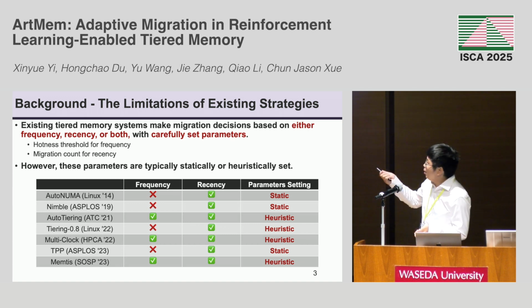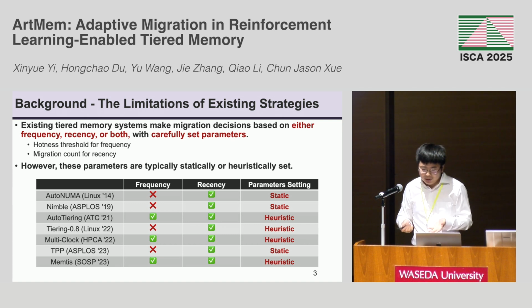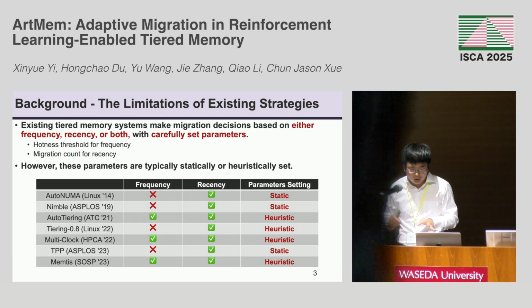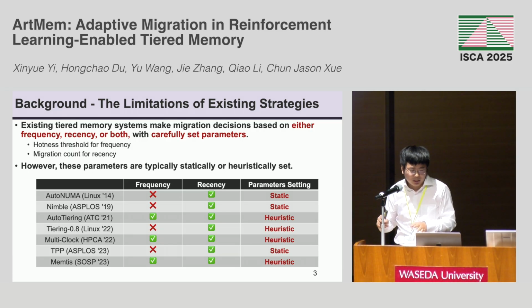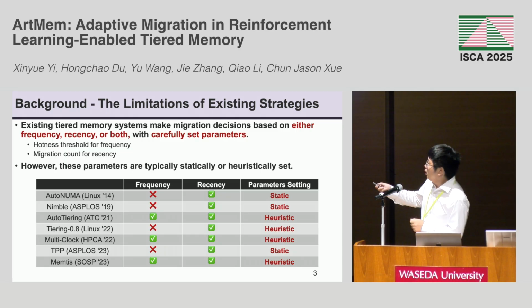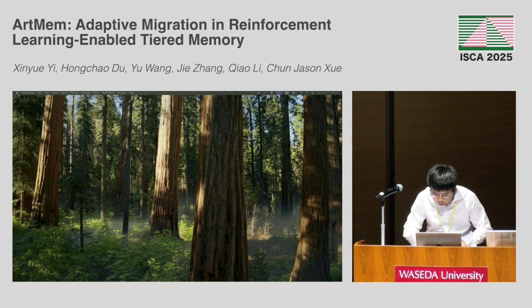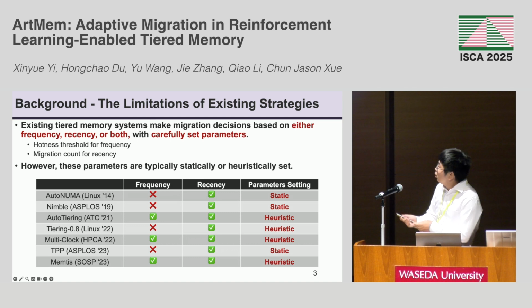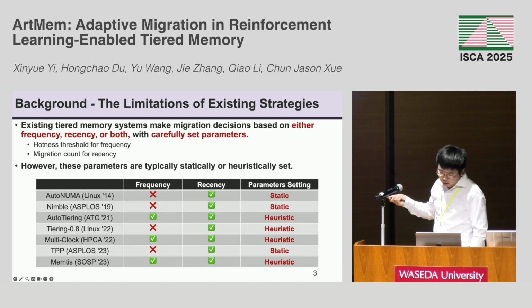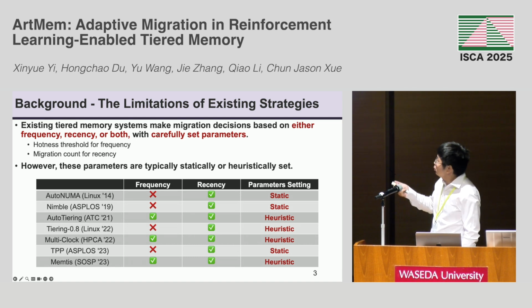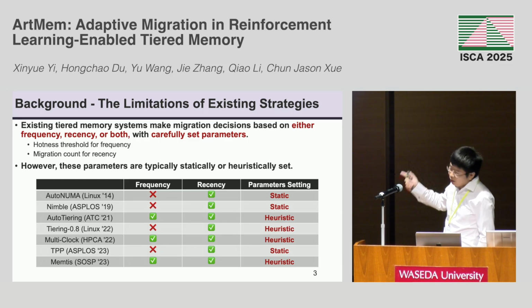As you can see in this table, current tiered memory systems usually use different combinations of frequency and recency metrics to make migration decisions. For example, you might use recency but not frequency, and rely on static parameter settings.